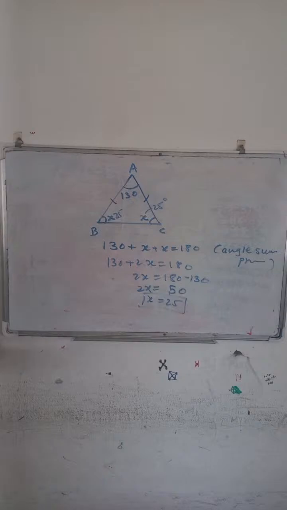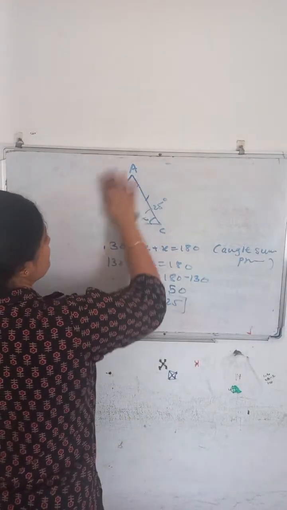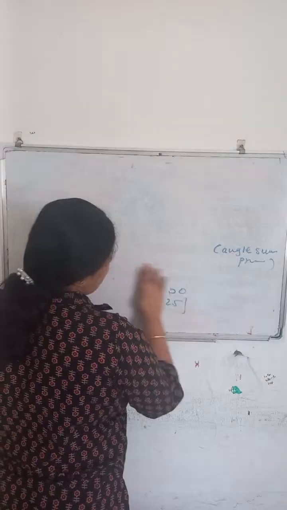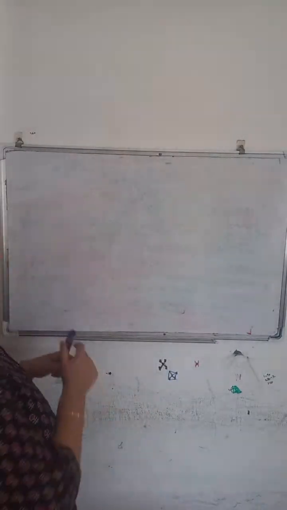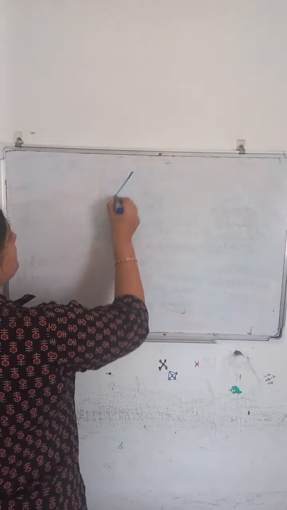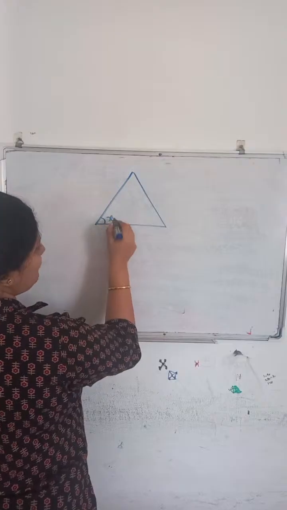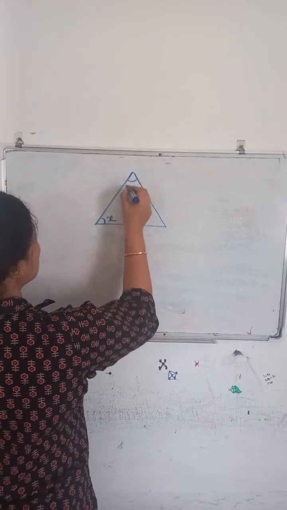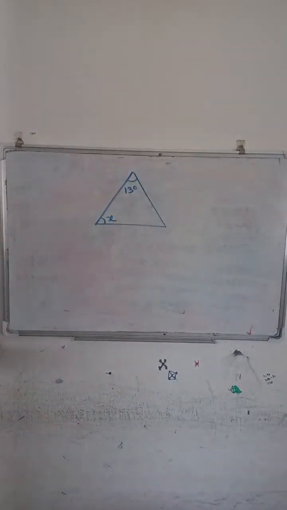Okay, so here again they gave one triangle. They are asking the value of x. Angles are given, I forgot. Angle 150.